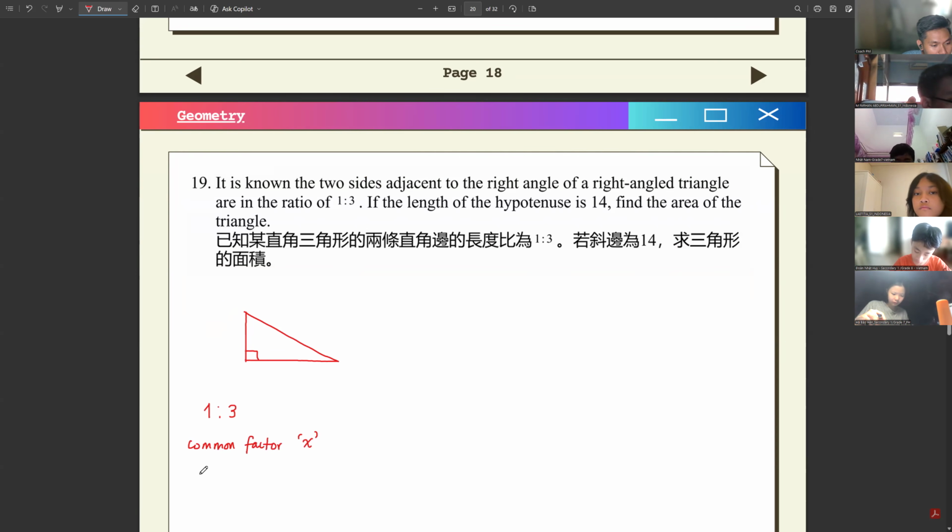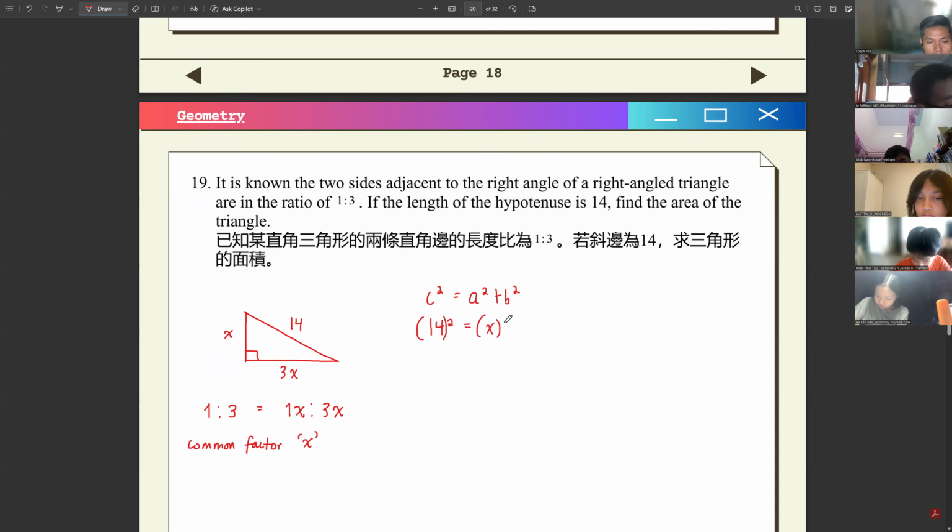So we can write this as 1x:3x, right? We can scale it up by x. So meaning this is x, this is 3x, the hypotenuse is 14. Okay? Pythagorean theorem. So we have 14 squared.